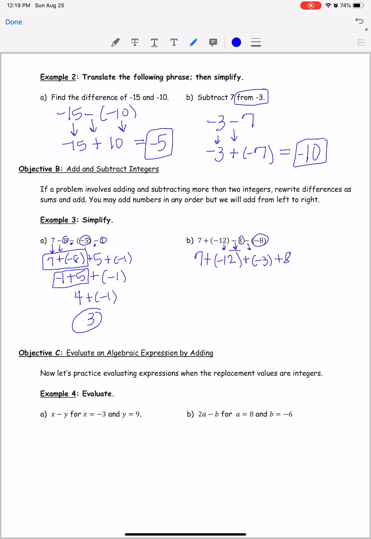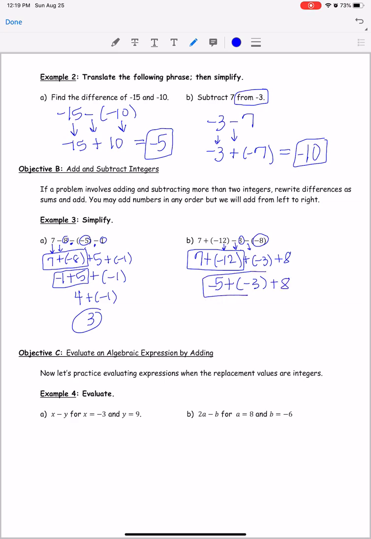So same thing. Start from left to right. So 12 plus negative 12, different signs, so subtract. 12 minus 7 gives me 5. Keep the sign of the bigger. 12 is bigger, so this is negative. Bring down everything else, so plus a negative 3 plus 8.